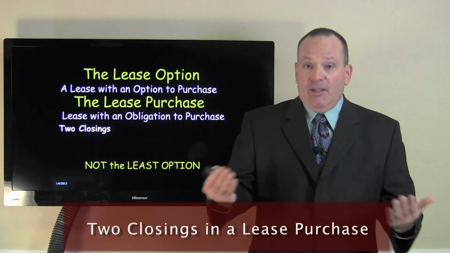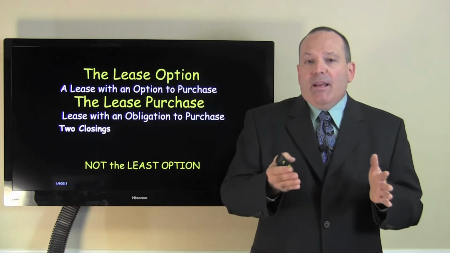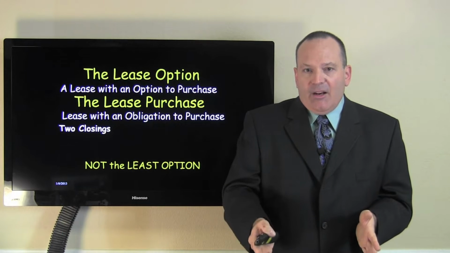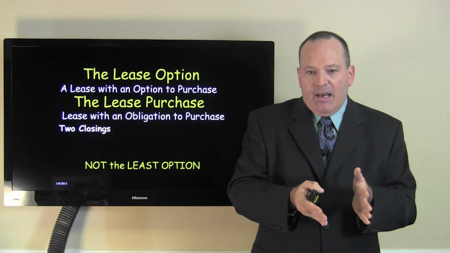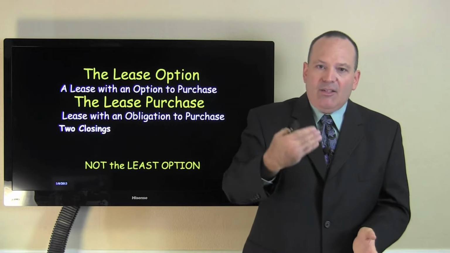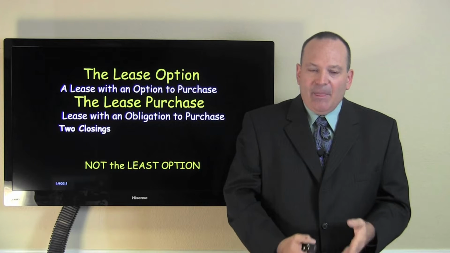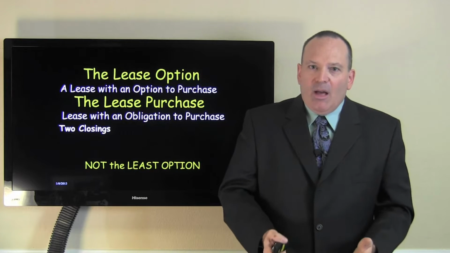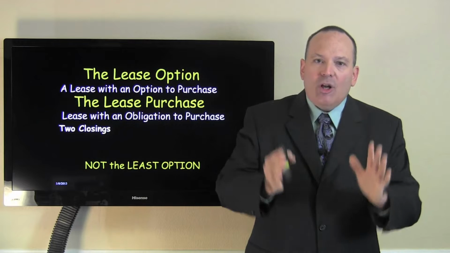Two closings in a lease purchase. The first is when the lease option agreement, the sales contract, the seller financing addendum, all the disclosures, and the escrow instructions are signed, title is purchased, escrow is opened, and escrow closes.